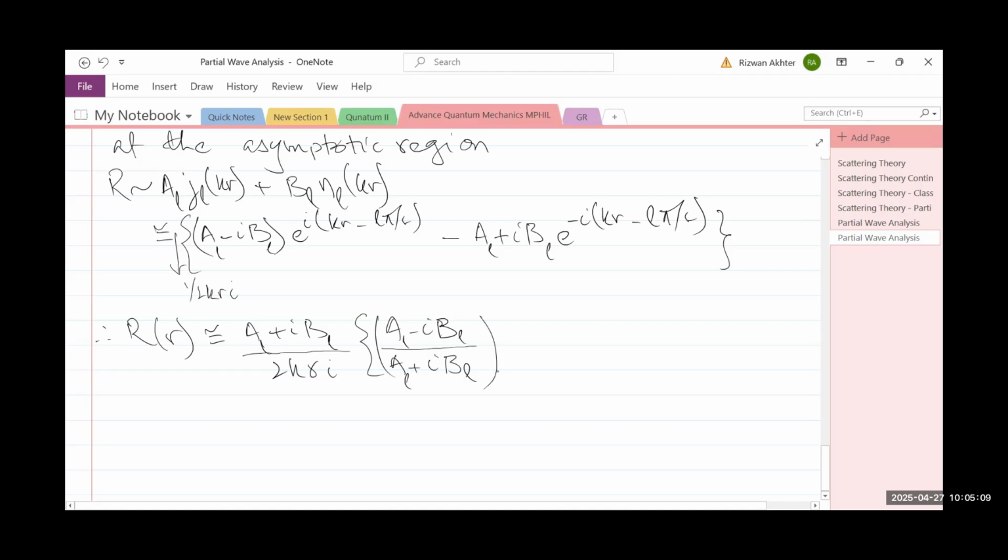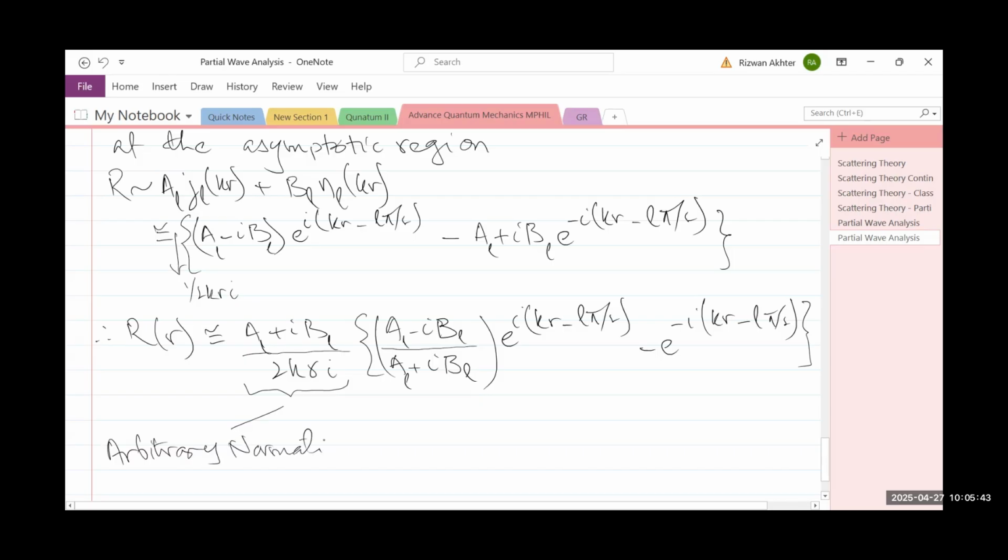Yeah, this is some common factor, e to the power iota(kr minus L pi by 2) minus e to the power minus iota(kr minus L pi by 2), and this factor is some arbitrary normalization constant.